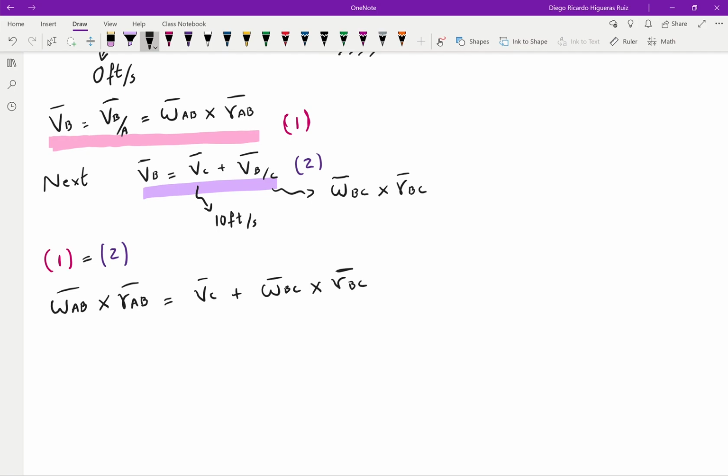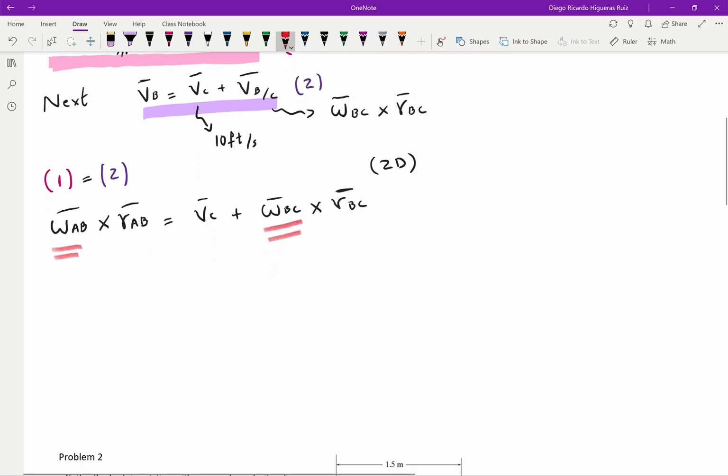Now we have a vectorial equation in 2D, in the X and the Y, and we have two unknowns, and those are omega AB and omega BC. We know the rest of the variables in this problem. So I'm going to decompose these equations in the X and in the Y.